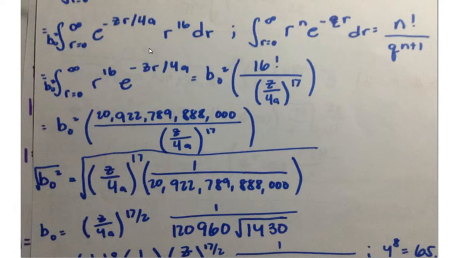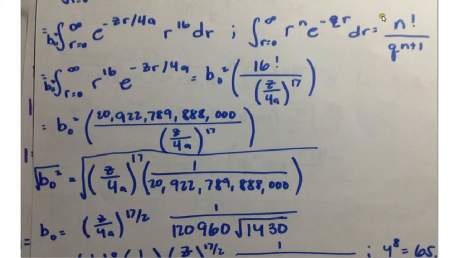So if we add negative Zr over 8a to negative Zr over 8a, we will get negative 2Zr over 8a. And to simplify things, 2 over 8 is also equal to 1/4. So that's why we have Zr over 4a times r to the 16 dr.